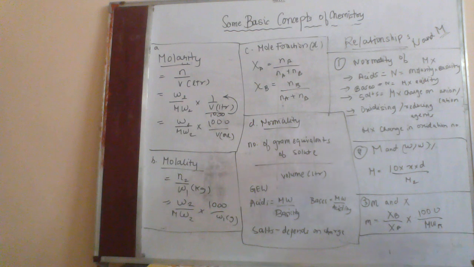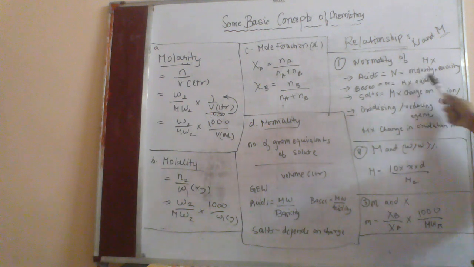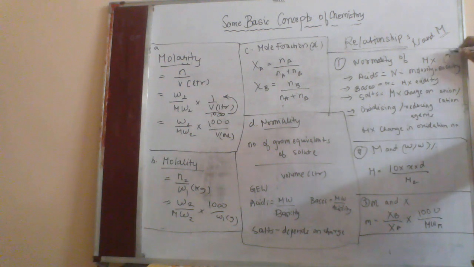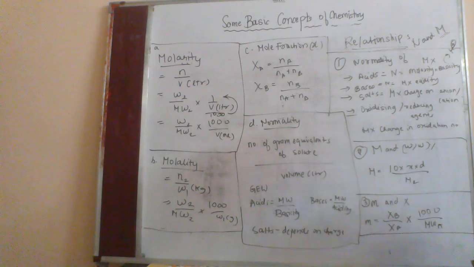So the first relationship is normality of acids can be written as molarity into basicity, that is replaceable H+ ions, while for bases it is molarity into replaceable OH- ions, while for salts it is molarity into charge on the anion or cation.